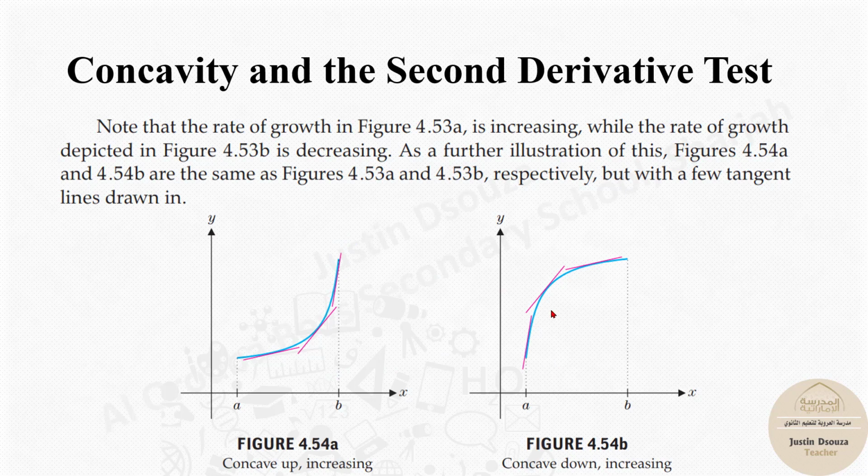Whereas over here it is very high, and it's reducing, going on to become flat and zero. So what you can understand is, if the function is increasing itself, fine, but if it's concaving upwards, the slope of the tangent line is increasing, whereas if it's concaving downwards, the slope of the tangent line is decreasing.